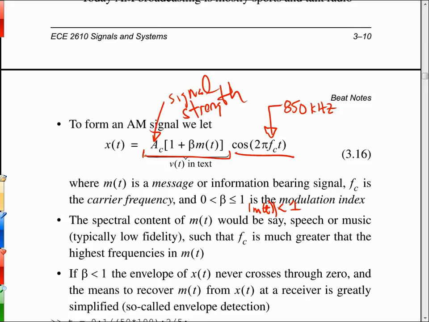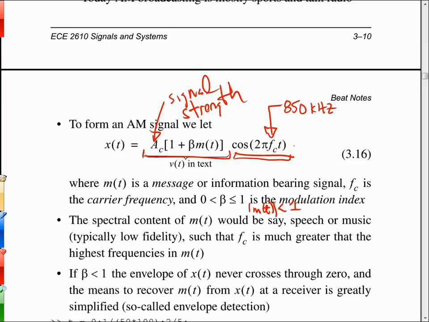And for an AM radio station, you have to keep the modulation index below 1, or also known as 100% modulation, and that has to do with the way the receiver can easily recover the information from the modulated carrier. So when I say modulated carrier, what I mean is the carrier over here getting multiplied times that 1 plus beta m of t. That operation is known as modulation.